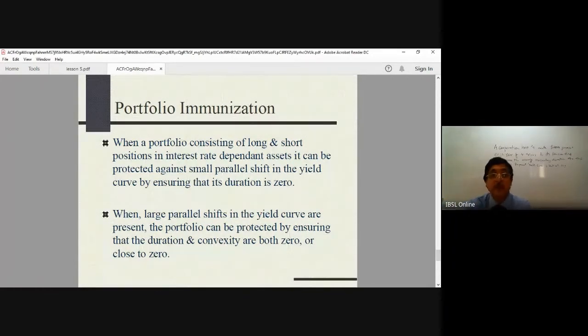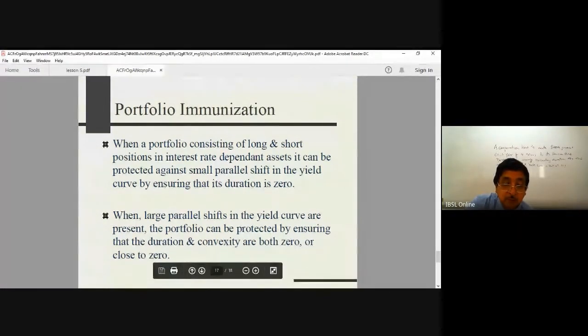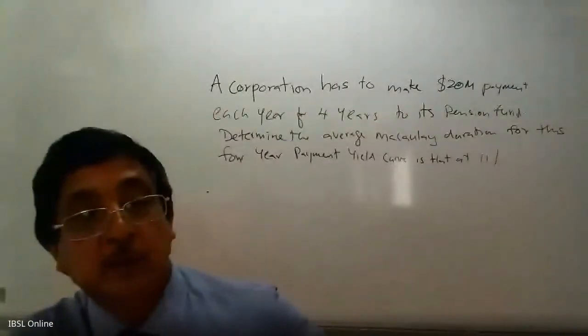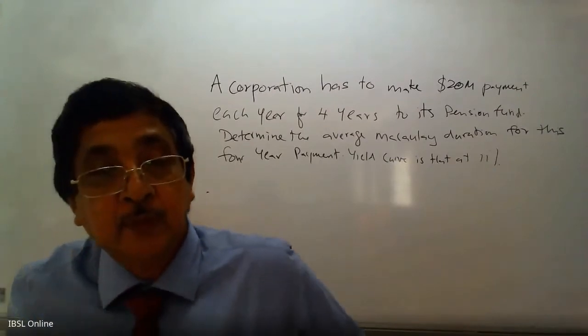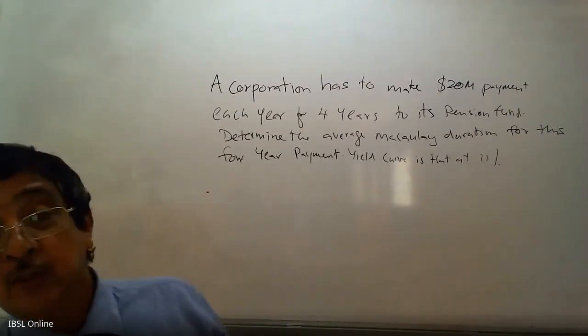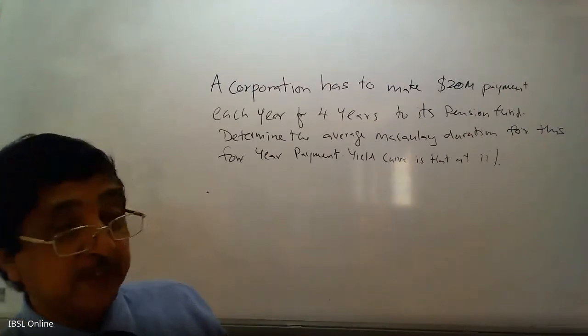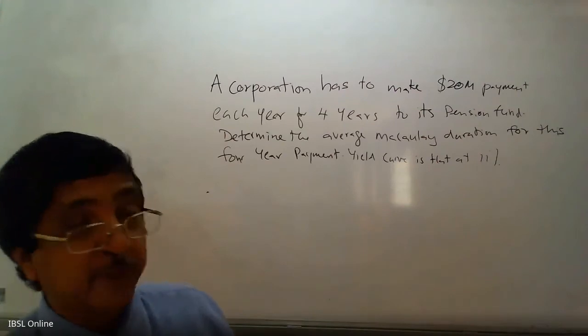Now, just look at this problem. A corporation has to make a $20 million payment each year for 4 years to its pension fund.